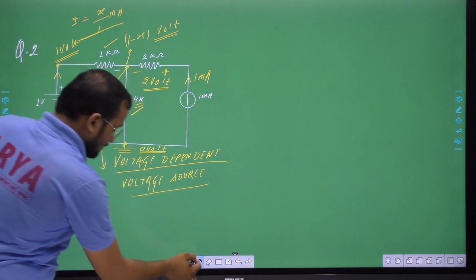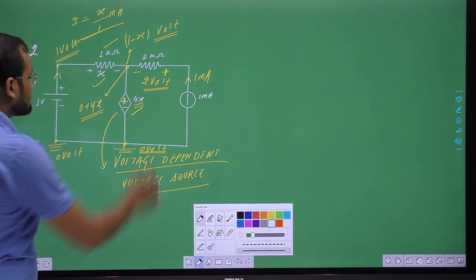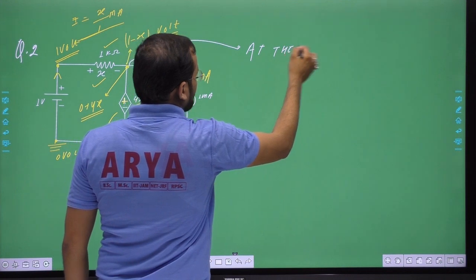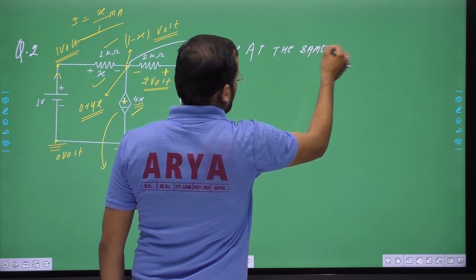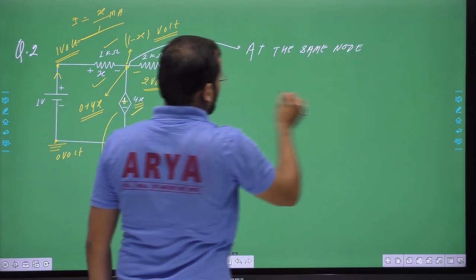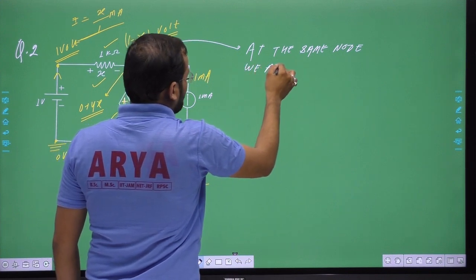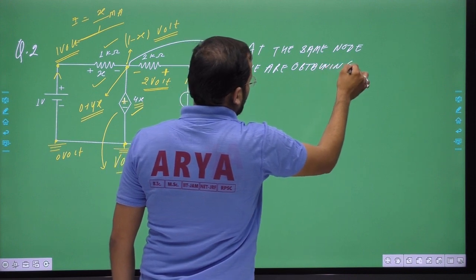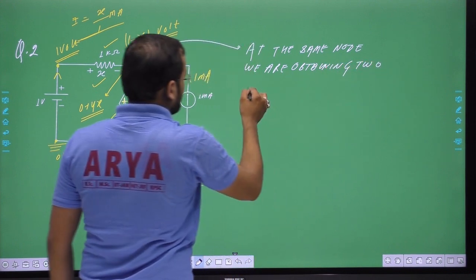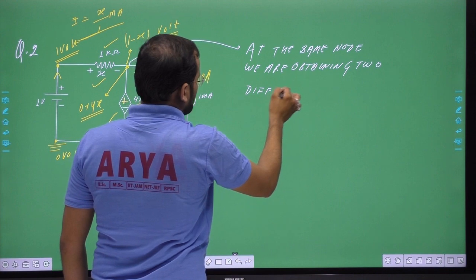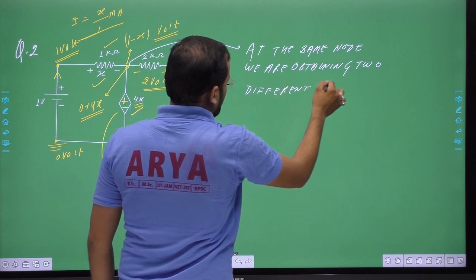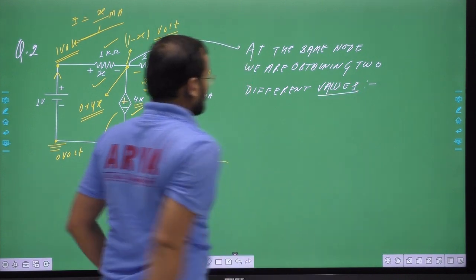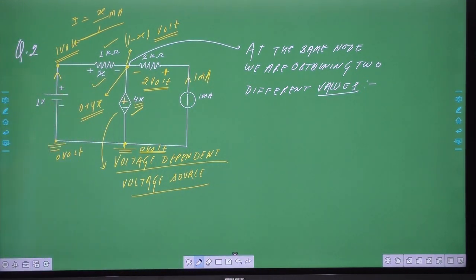So here, at the same node, we are obtaining two different values, and it is not possible to get two different voltage values at the same node.